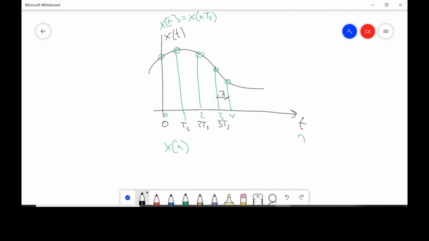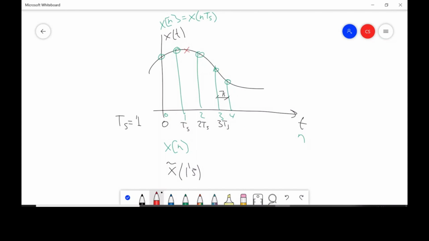And now I wonder, I want to estimate, just to make things simple, so let's say that Ts is equal to 1, so that we don't have to deal with fractions and so on. So I want to know what is the value of the original signal at 1.5. So I want to know this value.